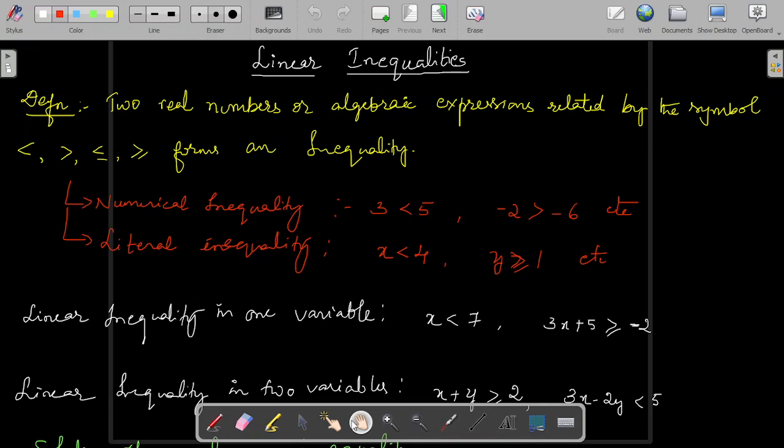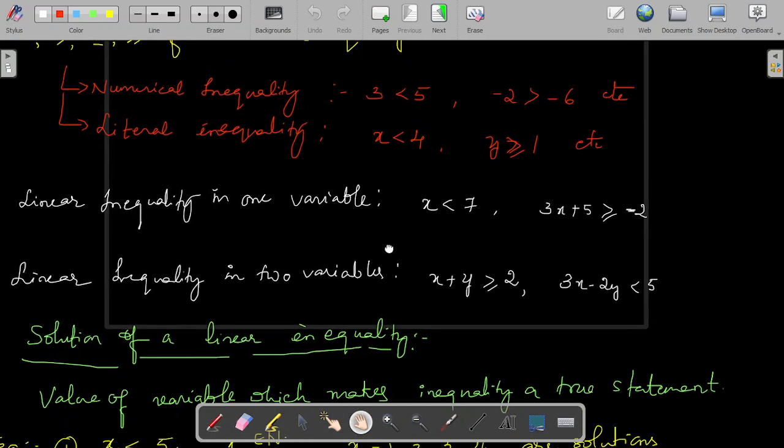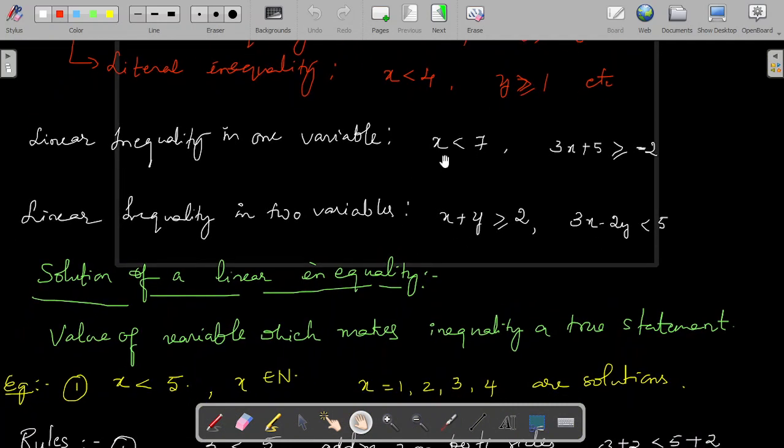Linear inequalities in two variables are x + y ≥ 2 and 3x - 2y < 5. So linear inequality means the highest power of the variable involved is always equal to 1.